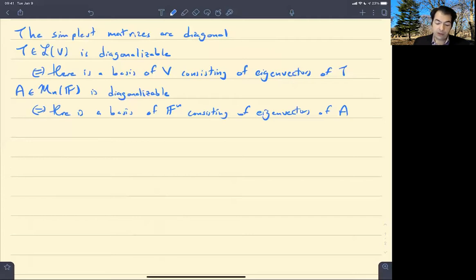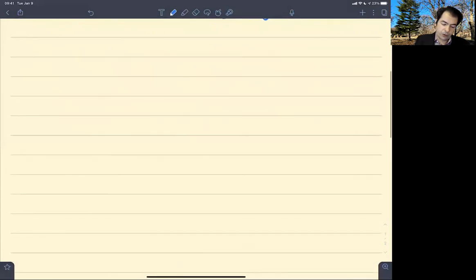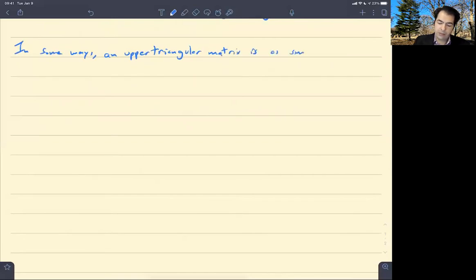However, all is not lost. There are other matrices that are almost as good, essentially as good, as diagonal matrices. So in some ways, an upper triangular matrix is as simple as a diagonal matrix.